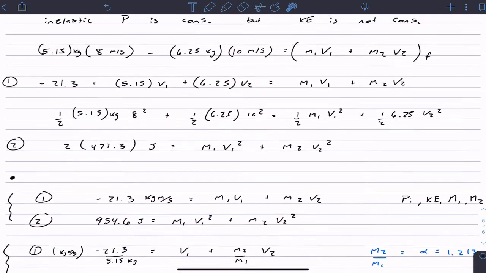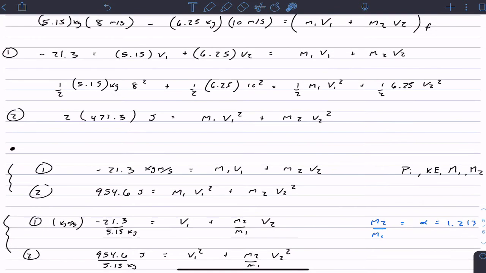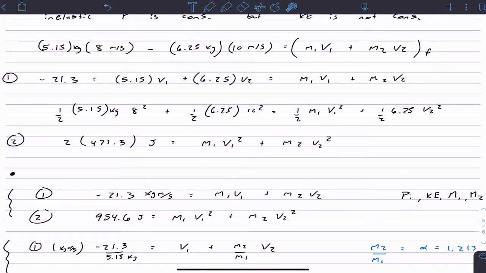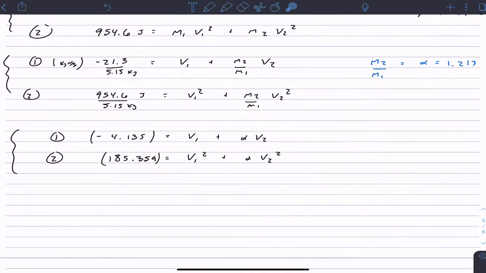We used conservation of momentum to find our first equation, then conservation of energy, and that gave us equations 1 and 2. Then I did a little simplifying so they're easier to work with, so it's easier not to get confused as you're slogging through algebra. I've turned this blue so that we can see it later, because we're going to need that later.